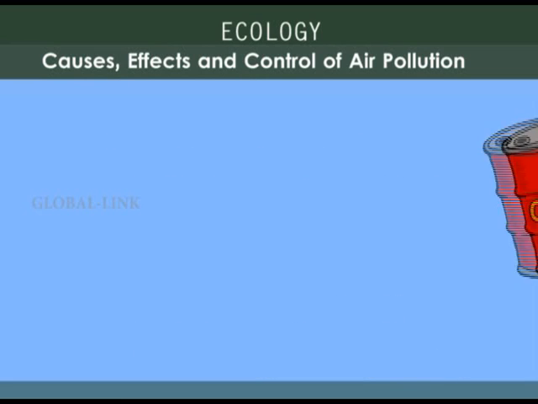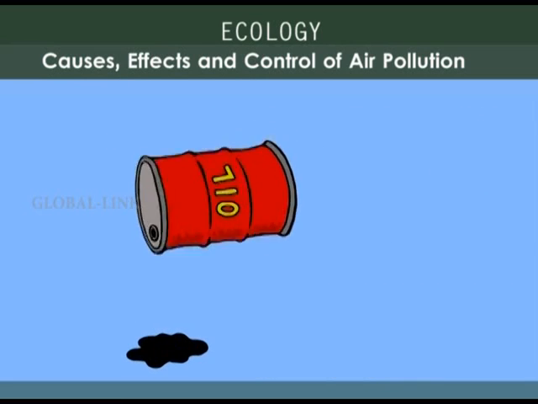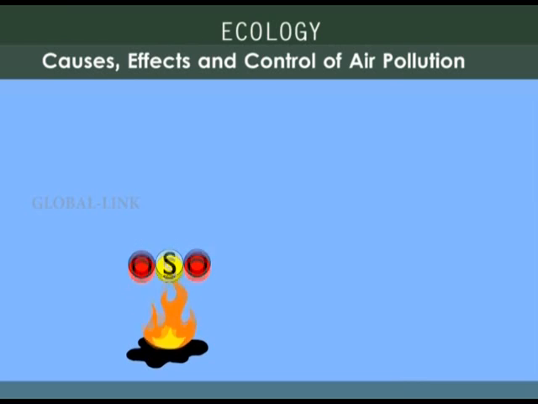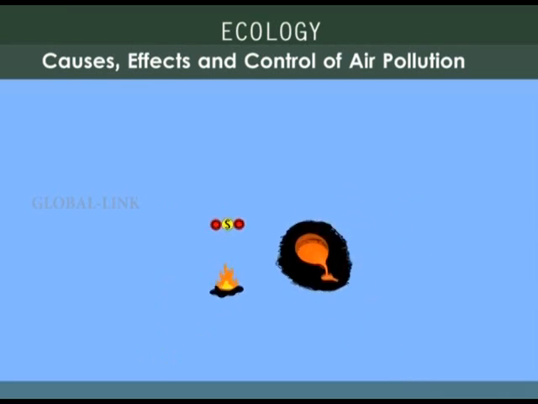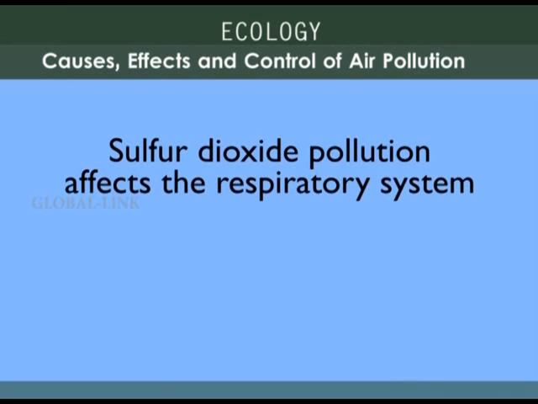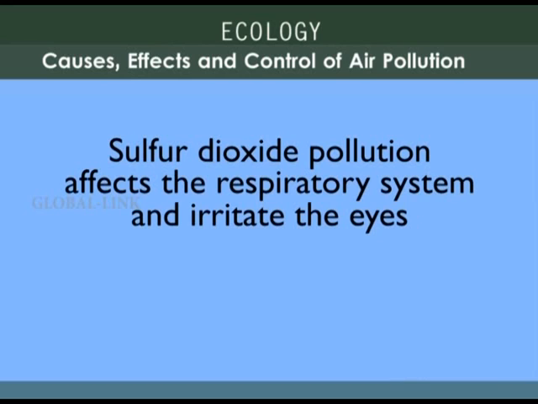Sulfur oxide is formed when sulfur-containing compounds are combusted in the presence of oxygen, mainly coming from fossil fuels which contain traces of sulfur, and also smelting of mineral ores leads to formation of sulfur oxide. In turn, these pollutants affect the respiratory system and cause eye irritation.